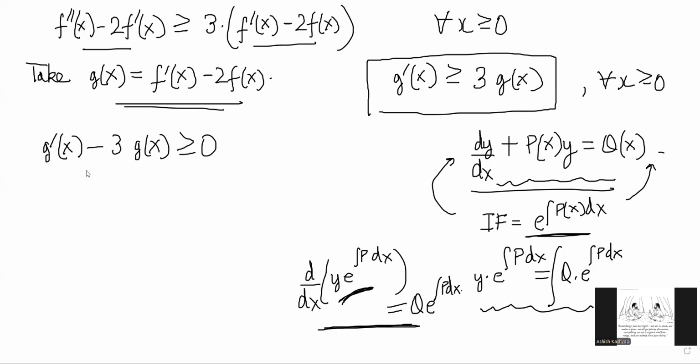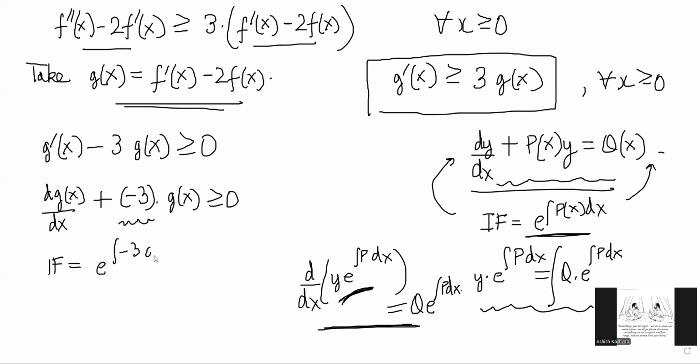So we will do the same thing here, because here you have g dash x plus minus 3 into g x greater than or equal to 0. So minus 3 will be my p of x. The integrating factor here would be e power integral minus 3 dx, so it is e power minus 3x.